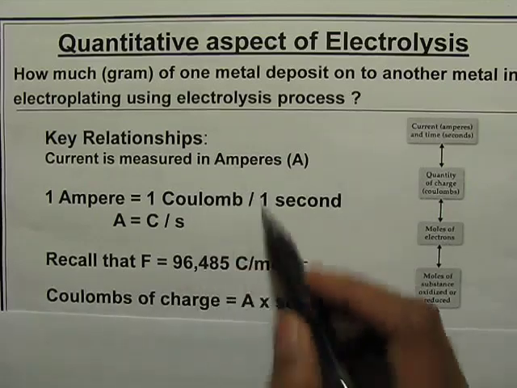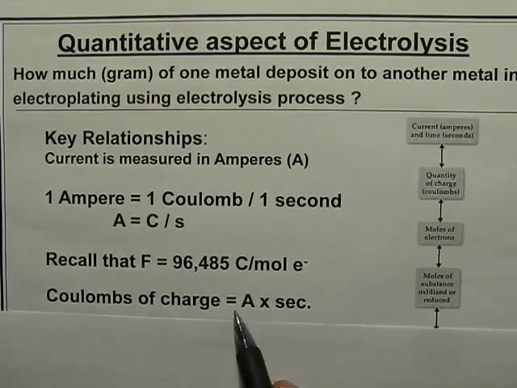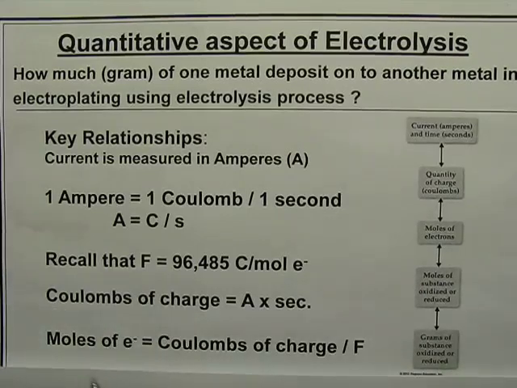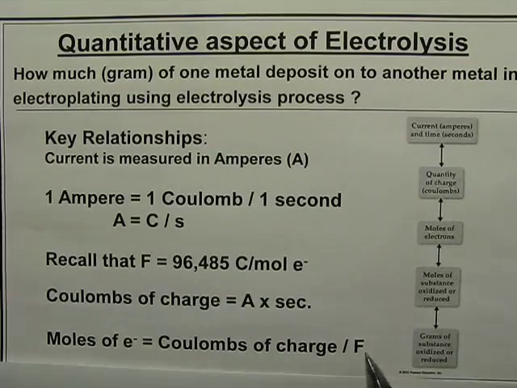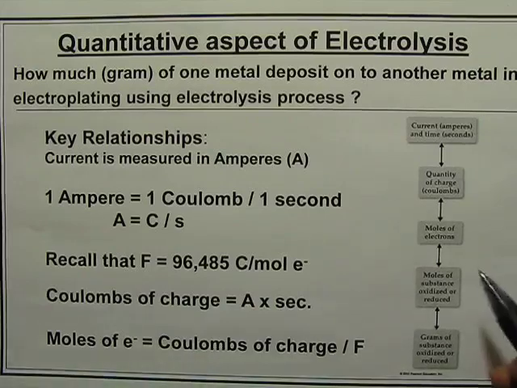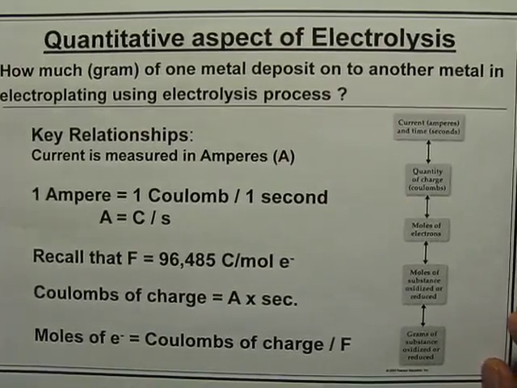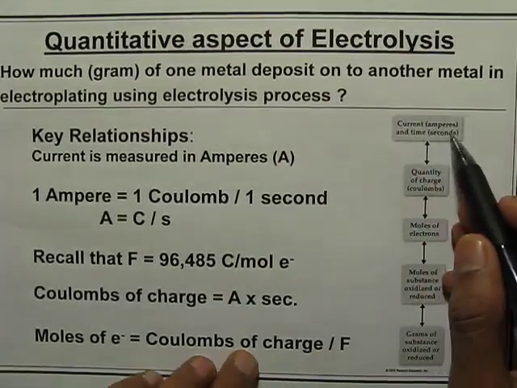If we rearrange these equations, coulombs of charge will be equal to ampere multiplied by time in seconds, and number of moles of electron will be coulombs of charge per Faraday. We have to use the value 96,485 for Faraday here.